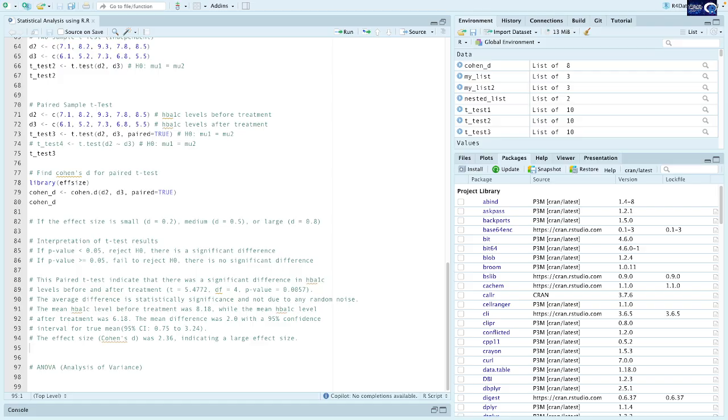Then we will have a stepwise regression. That is a method of fitting a model in which the choice of predictive variables is carried out by an automatic procedure. These are the main ones, and quantile regression is also there, which focuses on estimating the conditional median or other quantiles of the response.